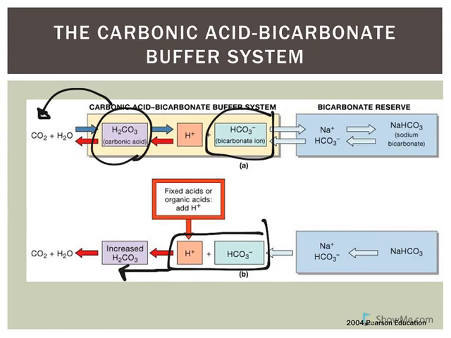What's going to happen is you create carbonic acid, and then that dissociates into carbon dioxide and water fairly readily. One of the things we have to worry about is I have to make sure I have enough bicarbonate. I have to have a bicarbonate reserve. So it will be limited if all the bicarbonate is tied up. That's something we always have to worry about.